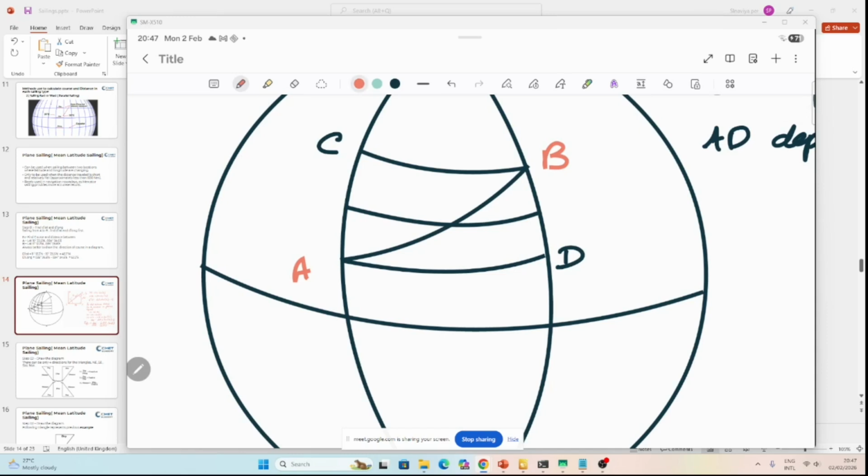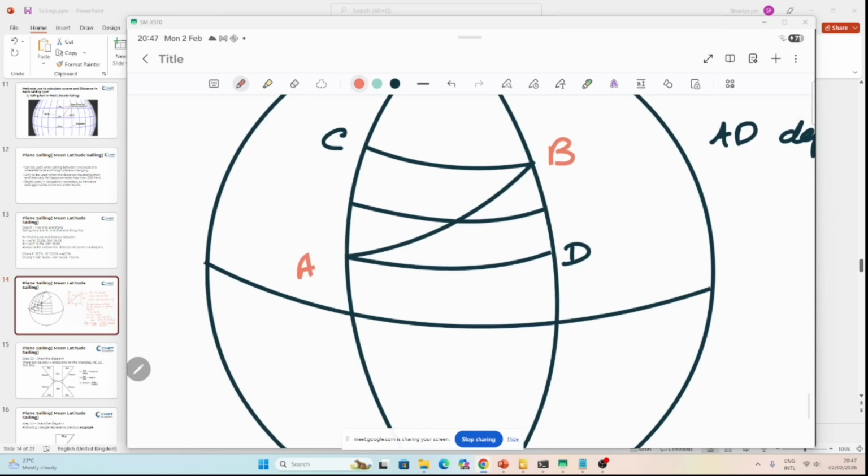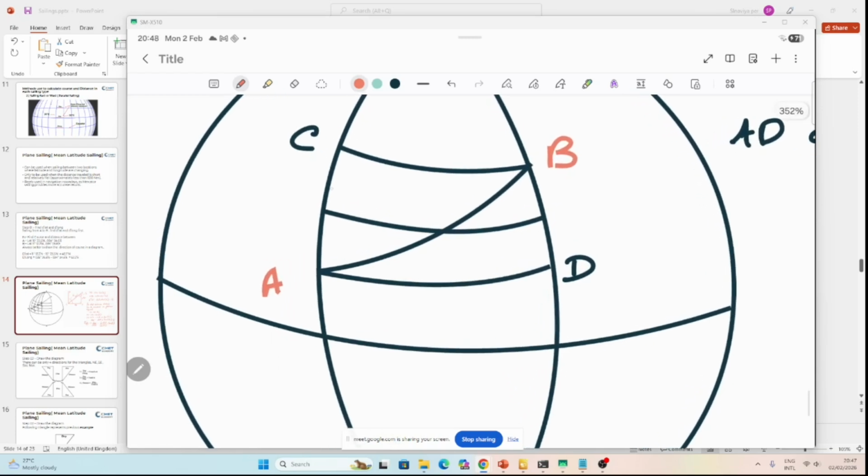So assume that the actual departure between these 2 points is represented by this line. Okay, the red one.